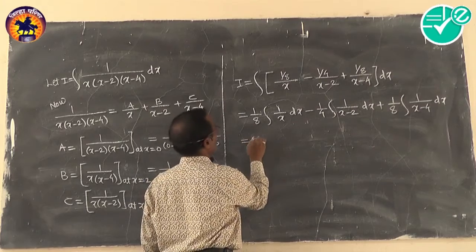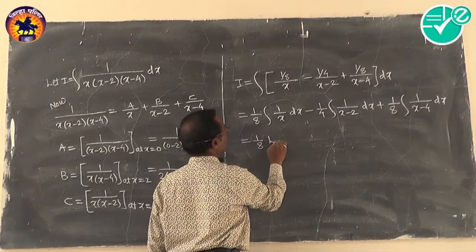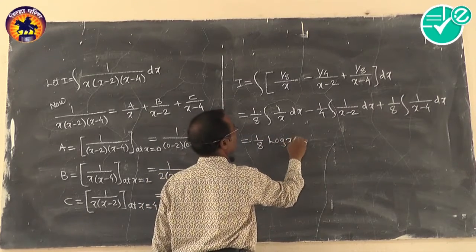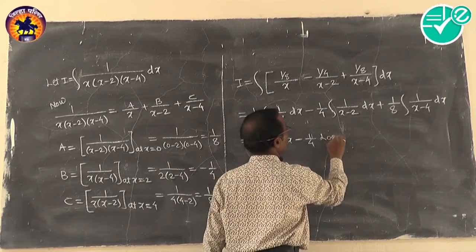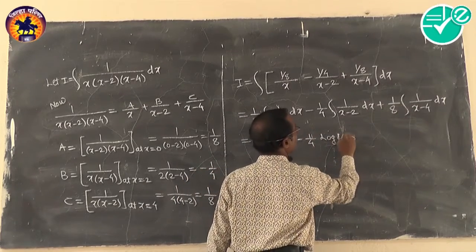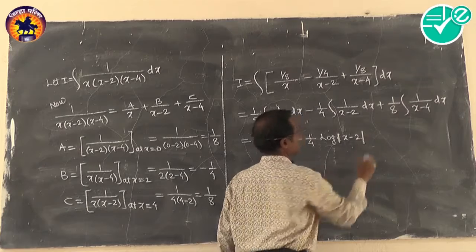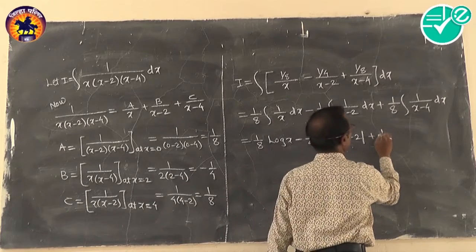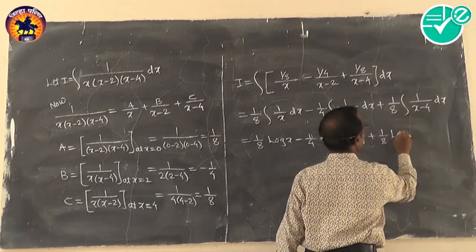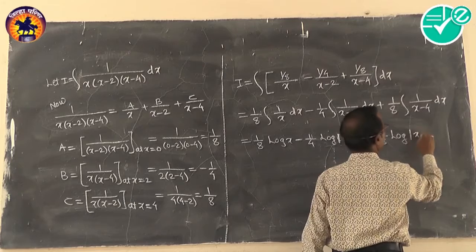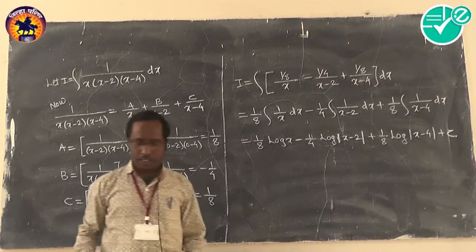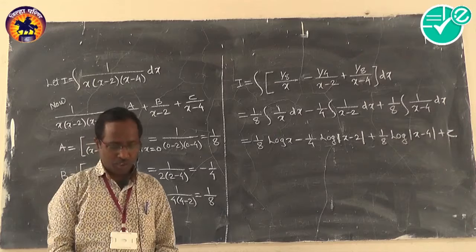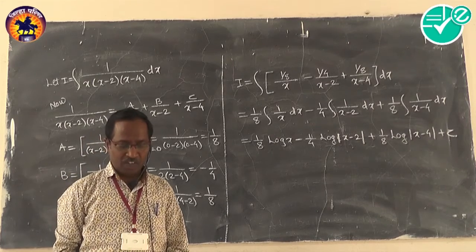We get 1 by 8 into log x, minus 1 by 4 into log of x minus 2, plus 1 by 8 into log of x minus 4, plus c. So this is the integration of this function.